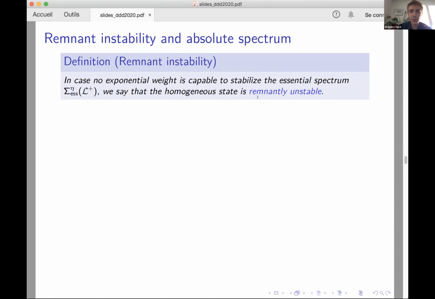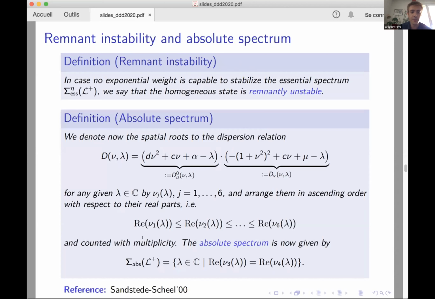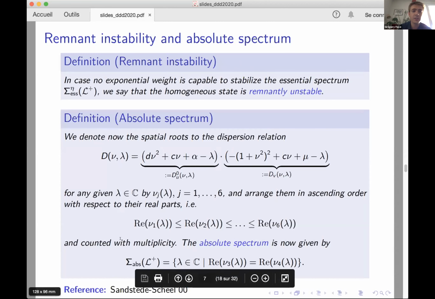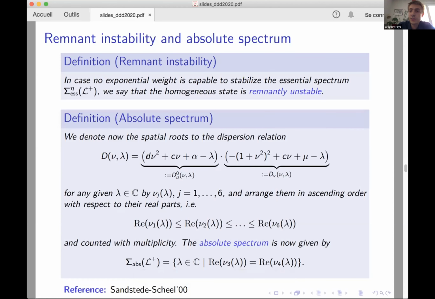So I will also need to talk about this type of spectrum, the absolute spectrum, which was introduced very thoroughly in 2000 by Sandstede and Scheel. Basically, to compute the absolute spectrum, you take the two dispersion relations of each component and you form the dispersion relation of the system. So this just relates temporal roots to spatial roots. And so you have a polynomial of order 6.